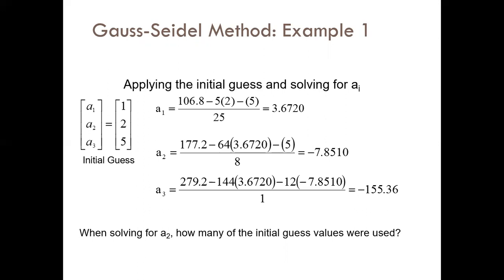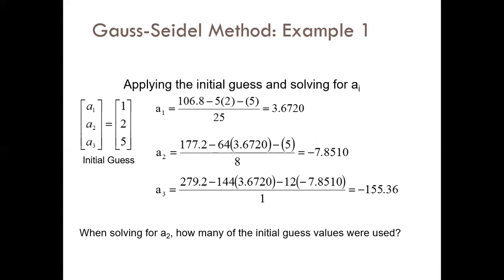Then 106.8 minus 5 into 2 minus 5 divided by 25. By solving this, the A1 value is 3.6720. A2 is equal to 177.2 minus 64A1 minus A3 divided by 8.